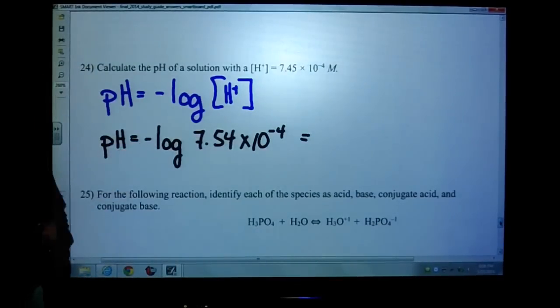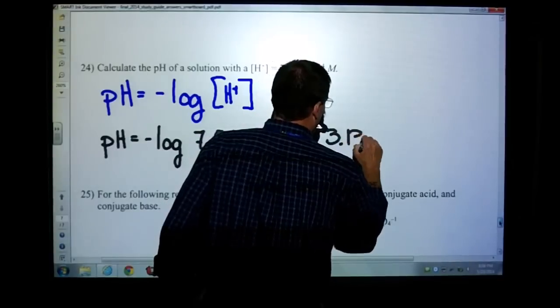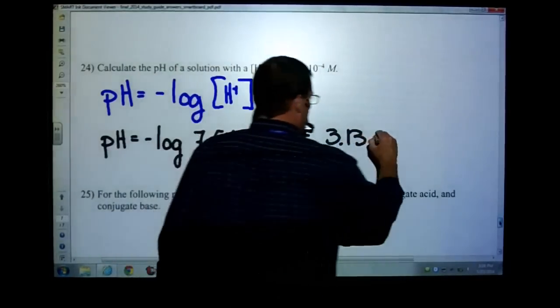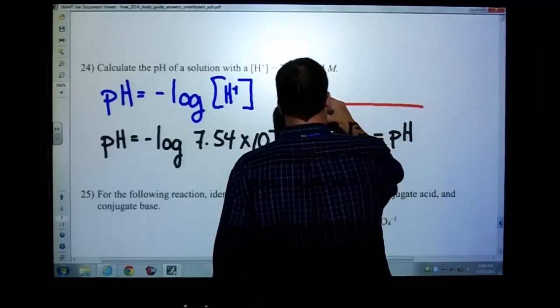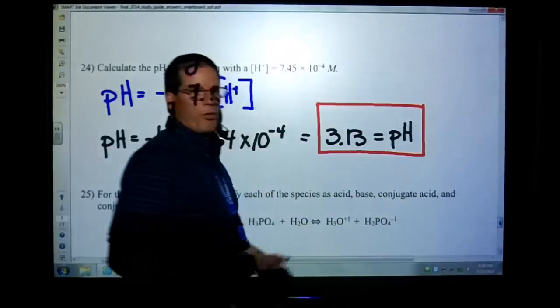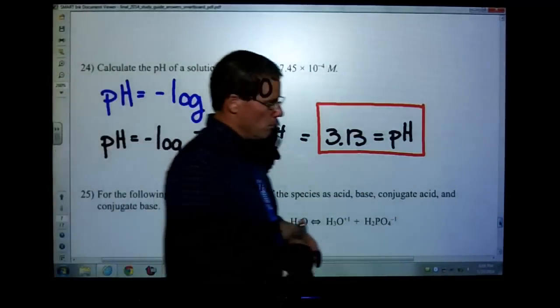And again, don't forget that negative sign there. And that gives a pH of 3.13. And as a rule of thumb, always show 2 decimal places with your pH or your pOH value.